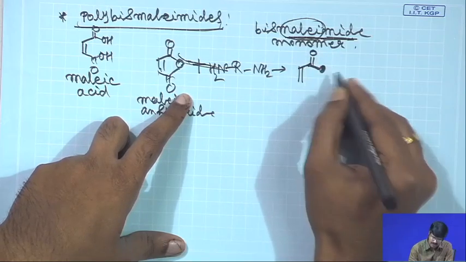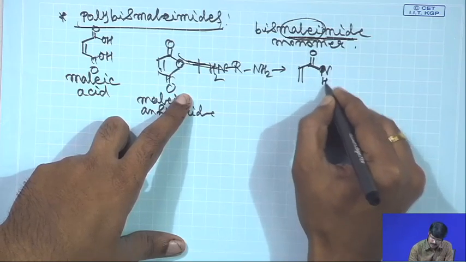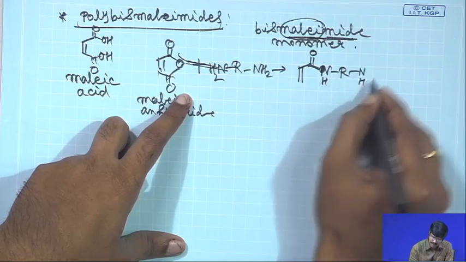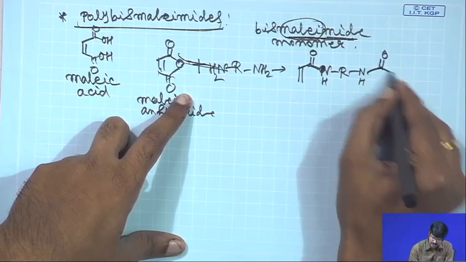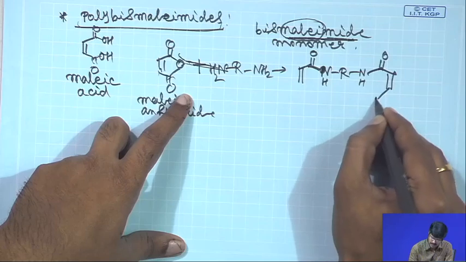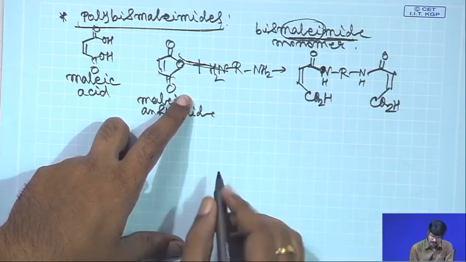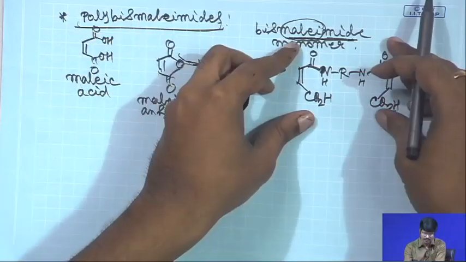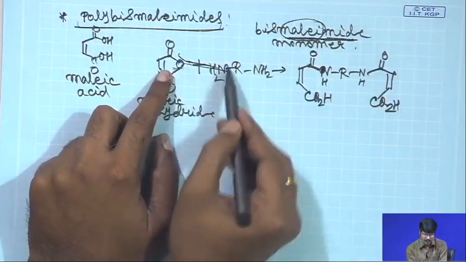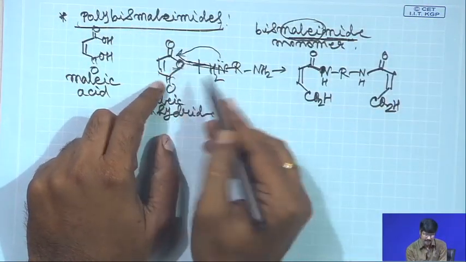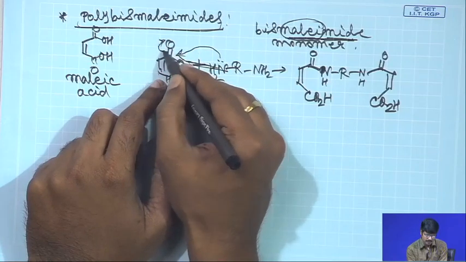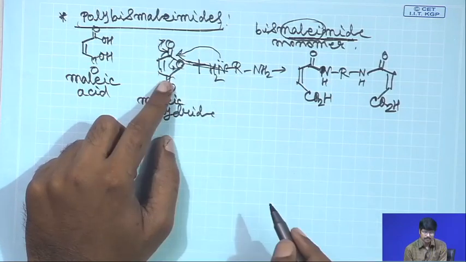So, sorry, CO NH R NH CO, CO2H, CO2H. Okay. So, two of these molecules come together from both sides and this opens up because this will attack here. Okay.